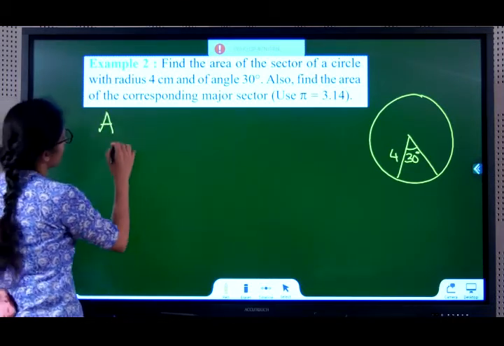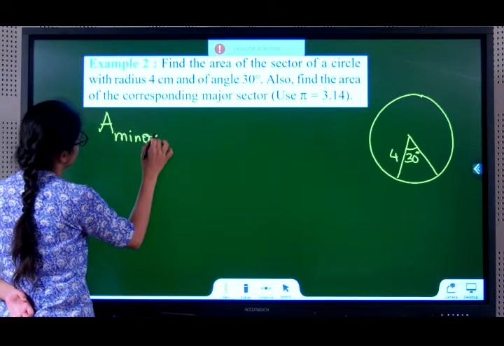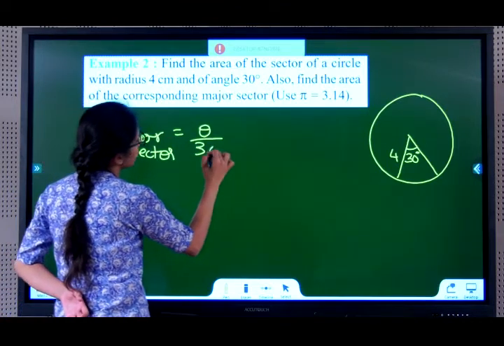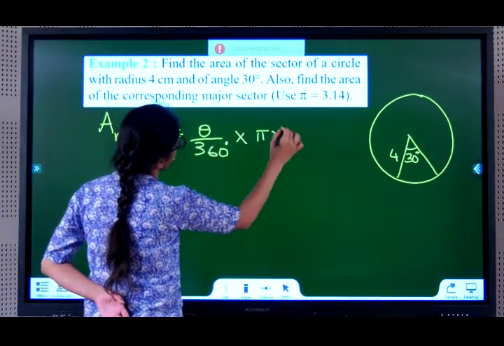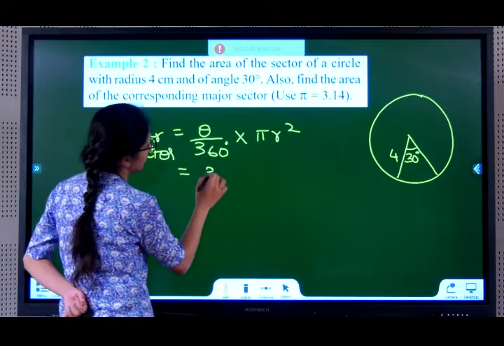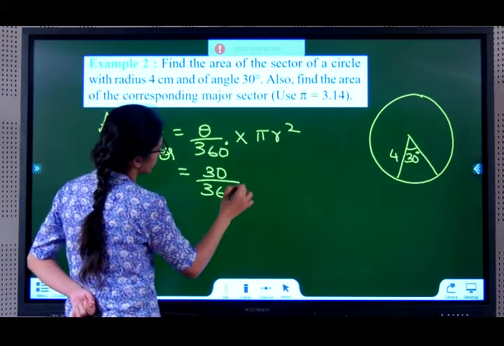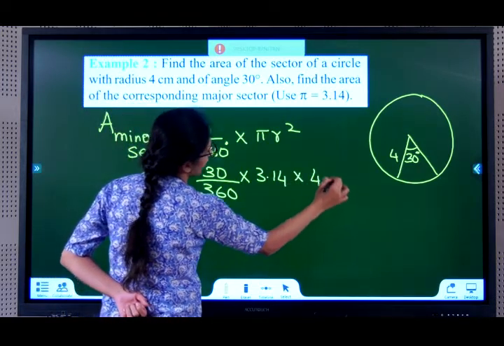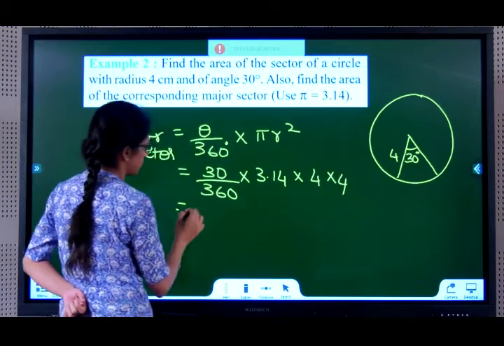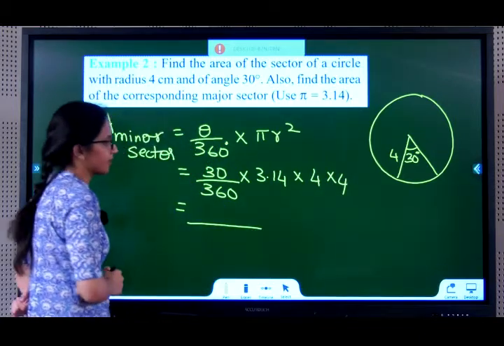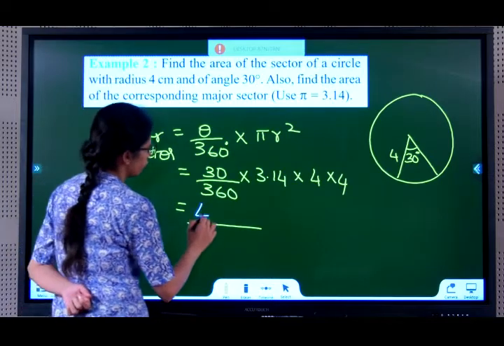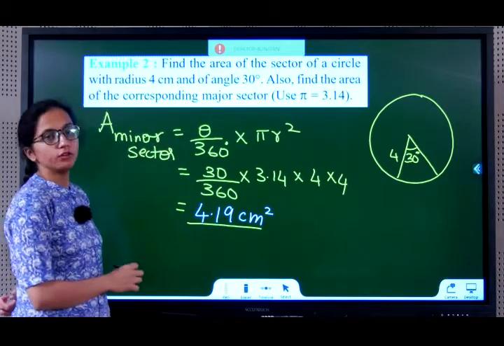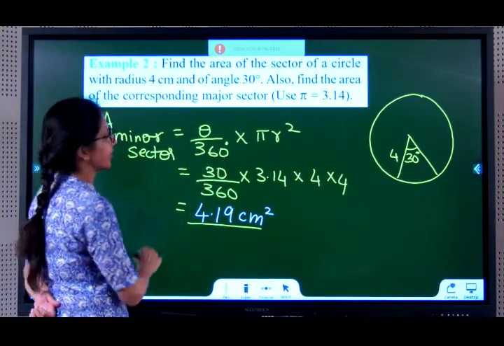Area of minor sector is theta by 360 degree into pi r square. Theta 30 by 360, pi they have told to take as 3.14, r is 4 into 4. Simplify this and we get 4.19 centimeter square.